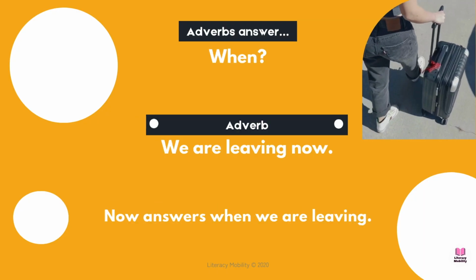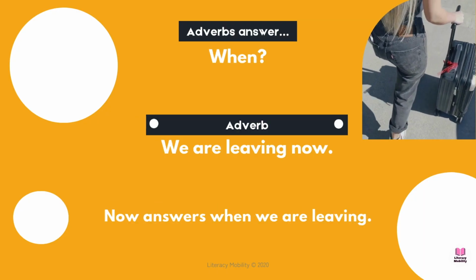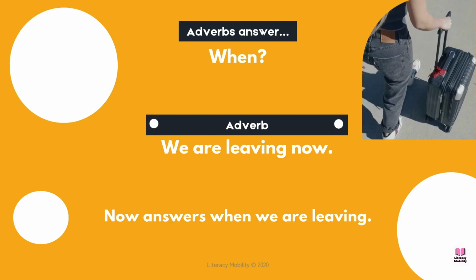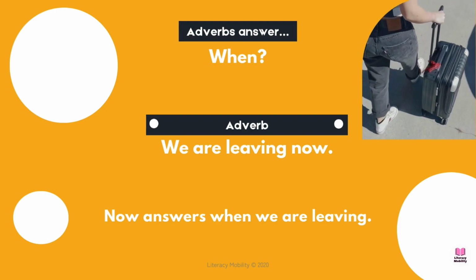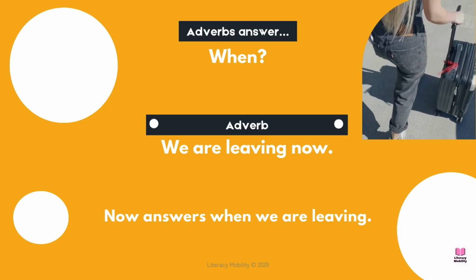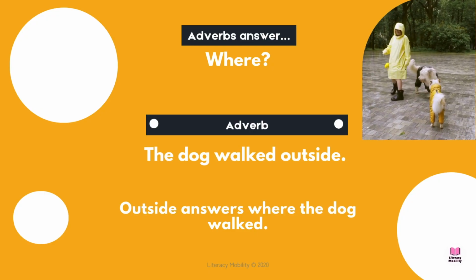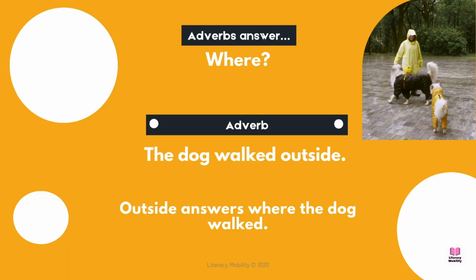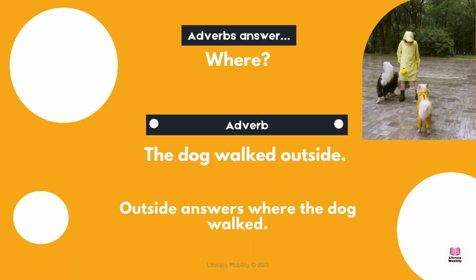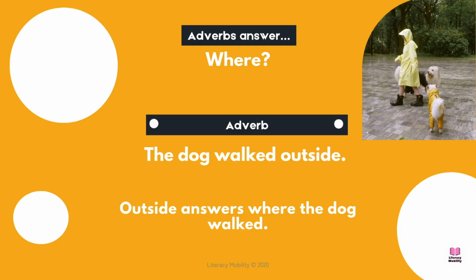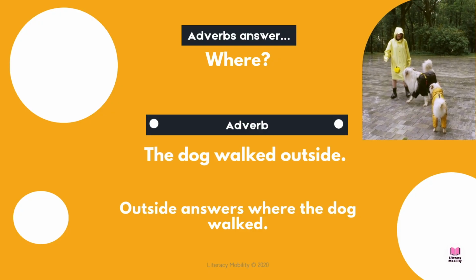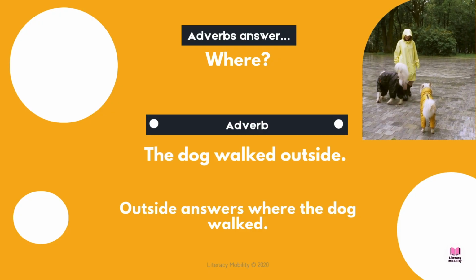Here's an example of an adverb answering when. We are leaving now. Now answers when we are leaving. Here's an example of an adverb answering where. The dog walked outside. Outside answers where the dog walked.